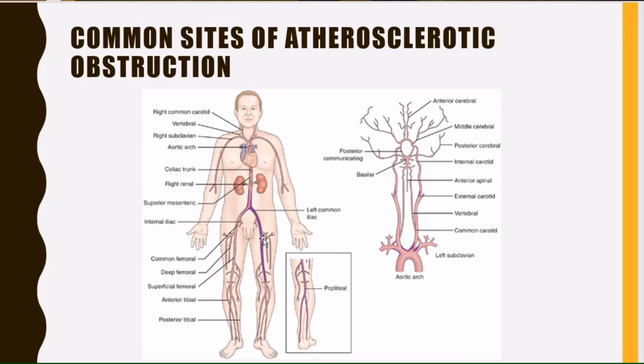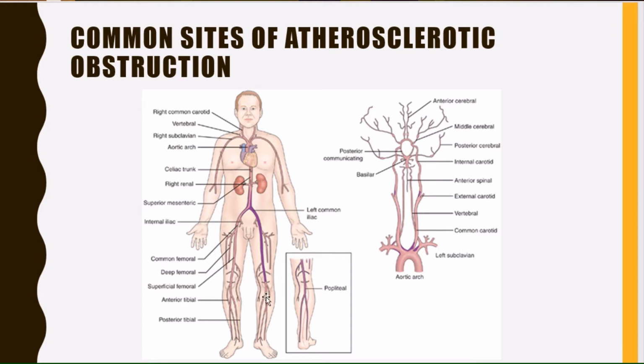Then it turns into the deep femoral artery here. Then it goes into the popliteal artery. So they can get arteriosclerotic obstruction anywhere.